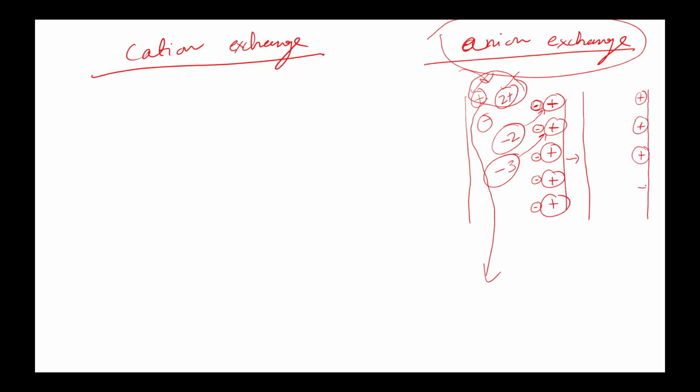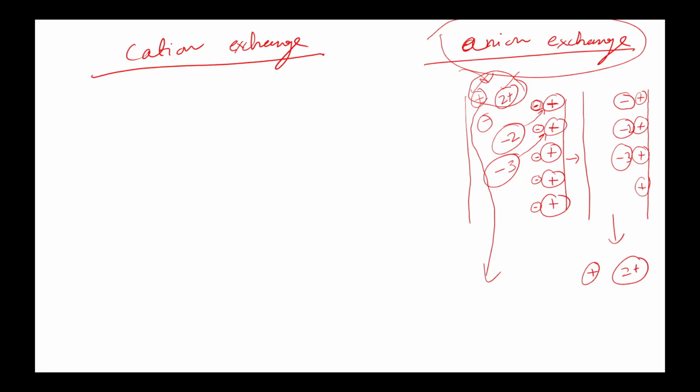The exchange of anion happens, so all the positively charged will come out and the negatively charged one will bind here. Okay, and these salt residues will also come out, or will be washed off. So that is the exchange of anion happening.